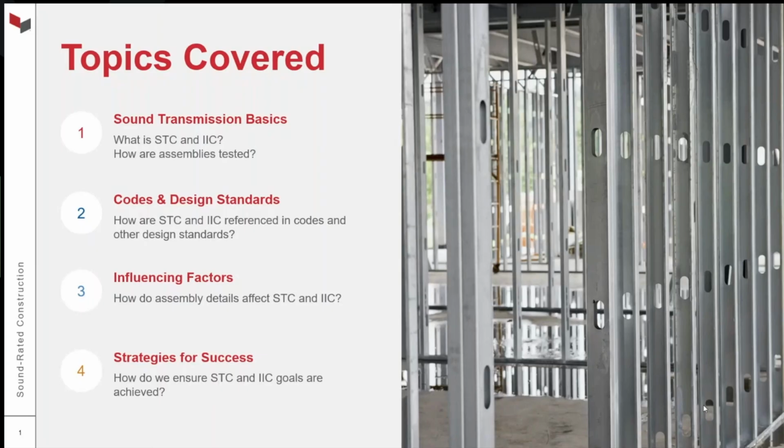And then the real meat and potatoes of this presentation will be number 3, influencing factors. What are the details? What are the components, the configurations that really affect STC? I'm going to focus a lot on STC, but we'll touch on IIC as well. And then I'll talk about some strategies for success, some do's and don'ts, if you will. How do we make sure that we're getting the most out of these assemblies?